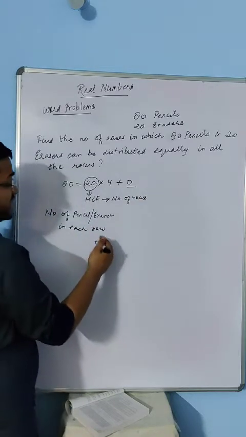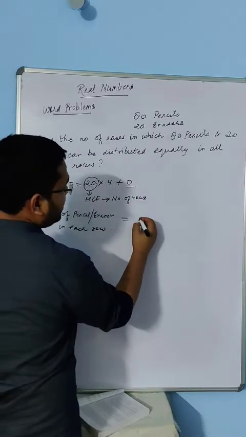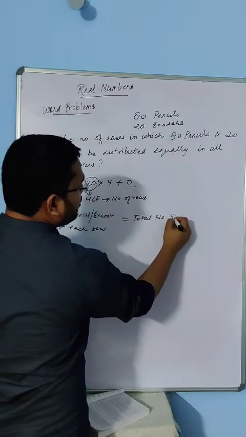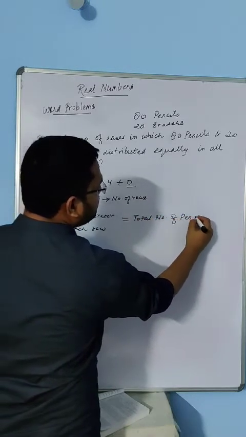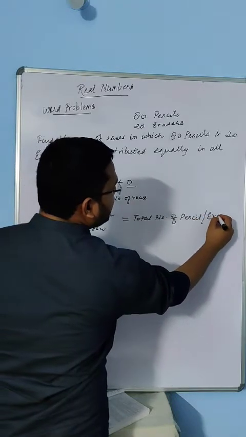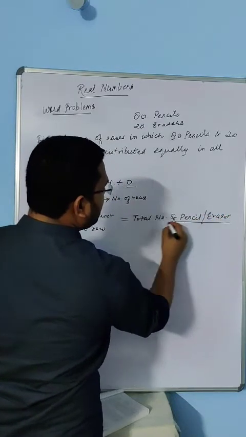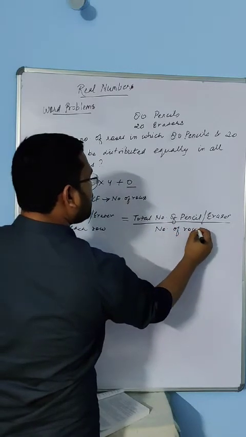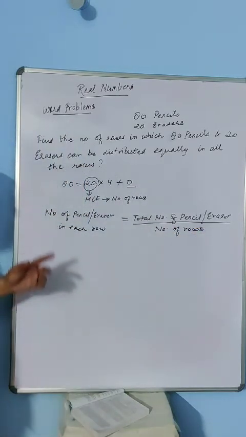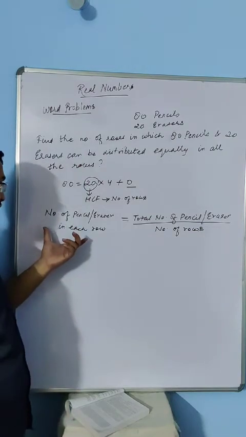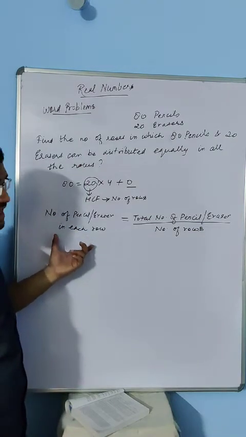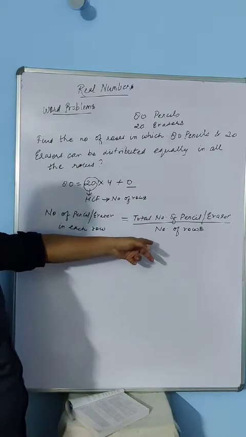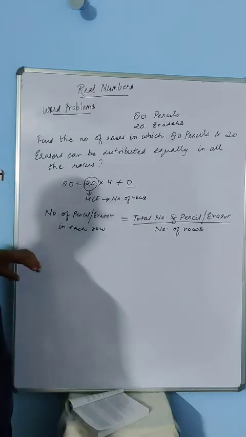So the number of pencils or erasers in each row will be equal to the total number of pencils or erasers upon the number of rows. Have a look. So what I'm trying to say is that the number of pencils or erasers in each row will give you the total number of pencils or erasers. Okay. Now.